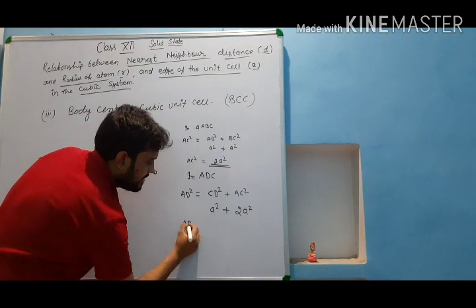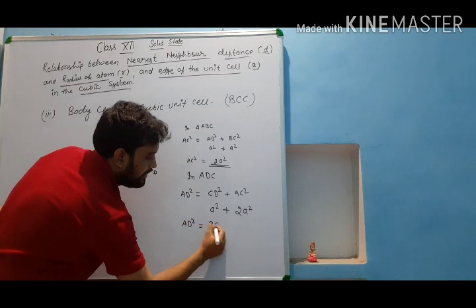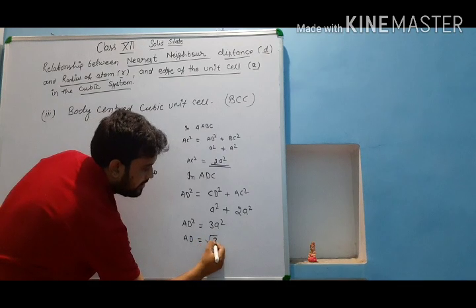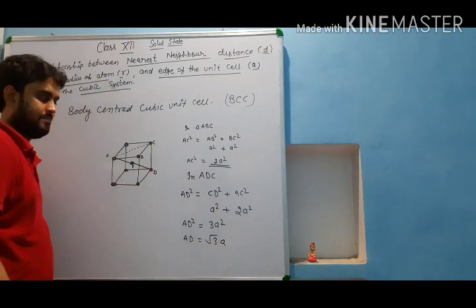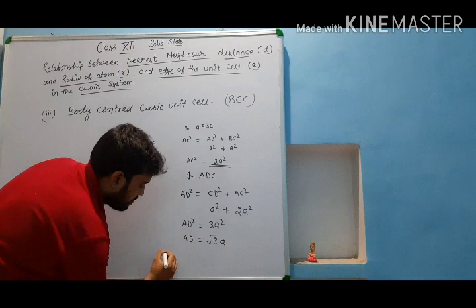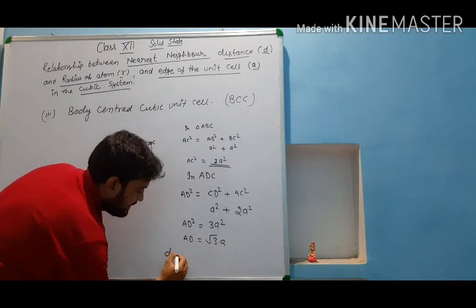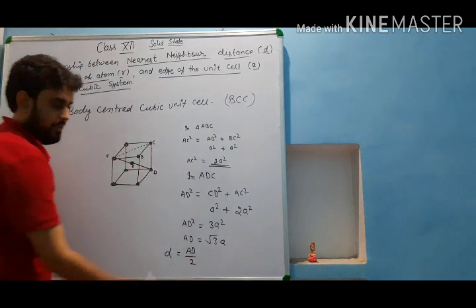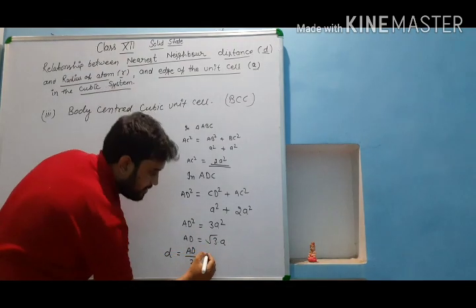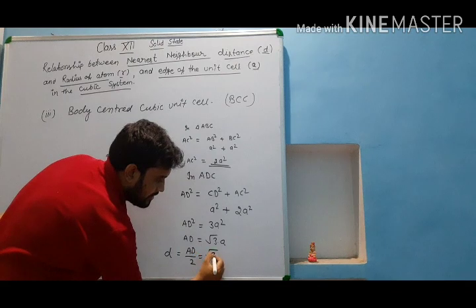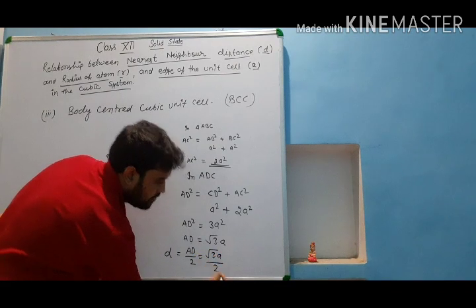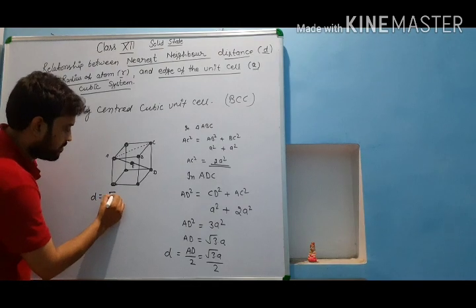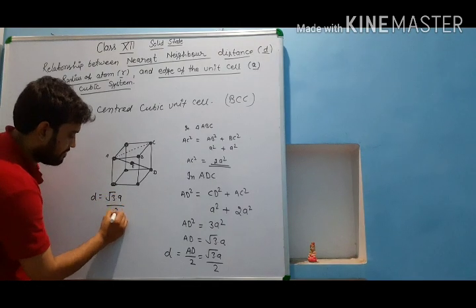Now AD square equals 3a square, and AD is root 3 into a. Now for the relationship of d, we know d is AD by 2, then the value of AD is root 3 into a, so d equals root 3 into a by 2.